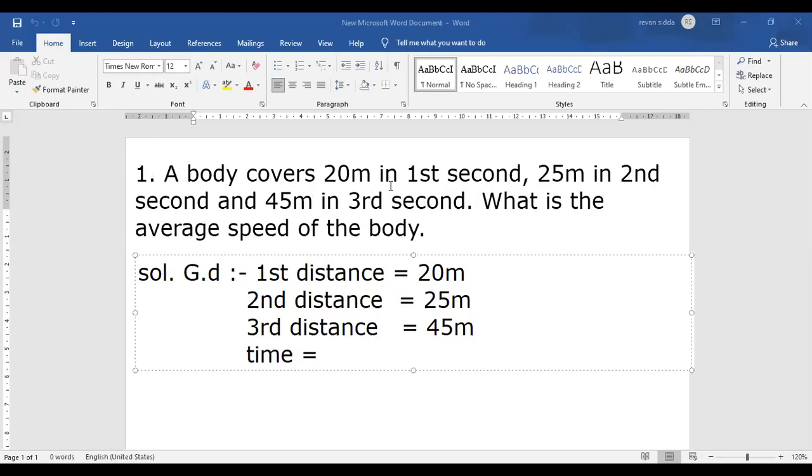In 1 second it has covered 20 meter. In 1 second it has covered 25 meter. In 1 second it has covered 45 meter. Understood everyone? So time he has given is 1 second. First second is equal to 1 second.